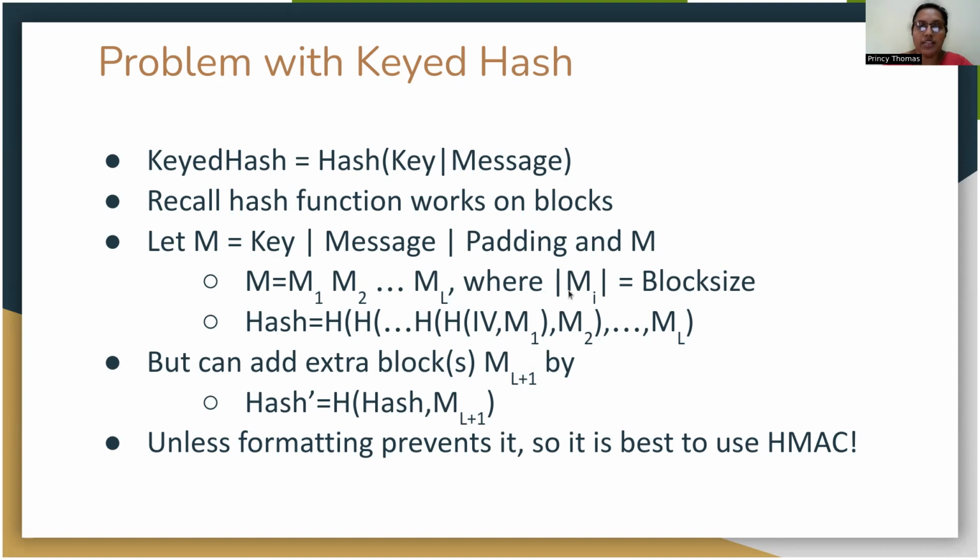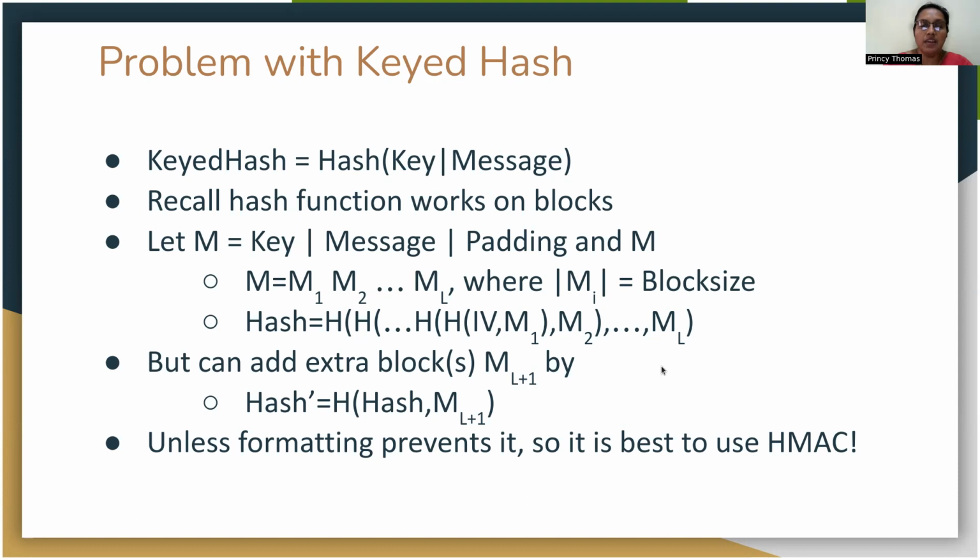Then the next hash value is the key for M3. Each time, the previous hash value is used as the key for the next block. Finally, block L is hashed with the hash of all the previous blocks.